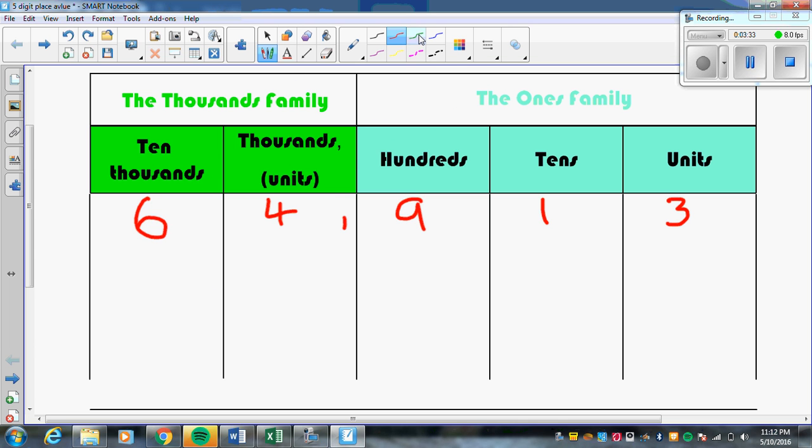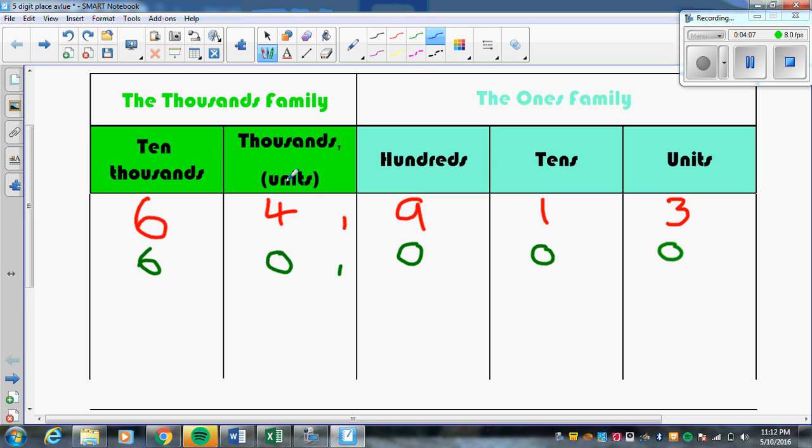Now, let's pull them apart a little bit more. So let's have a look at what 6 lots of 10,000 is. Well, 6 lots of 10 is 60. So if I put a 6 in here and then fill out these with zeros, that's what this column represents: 6 lots of 10,000, which is 60,000.